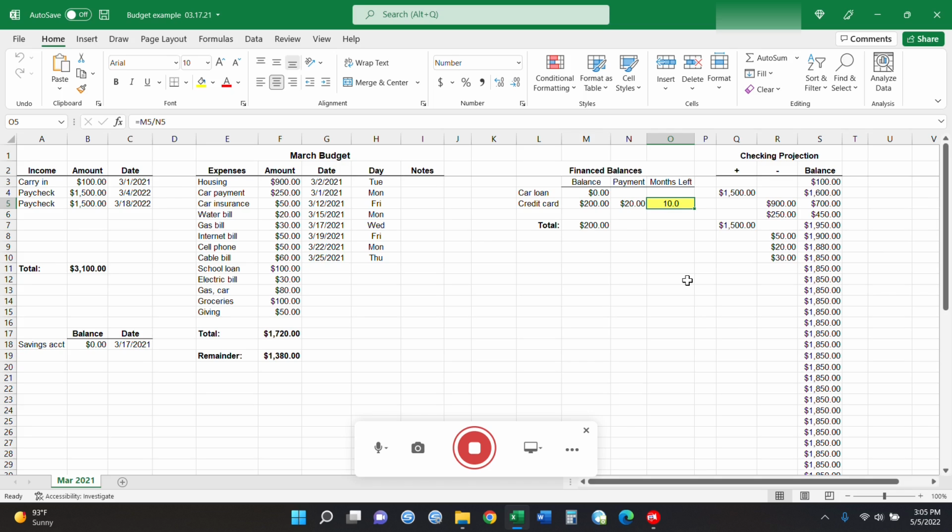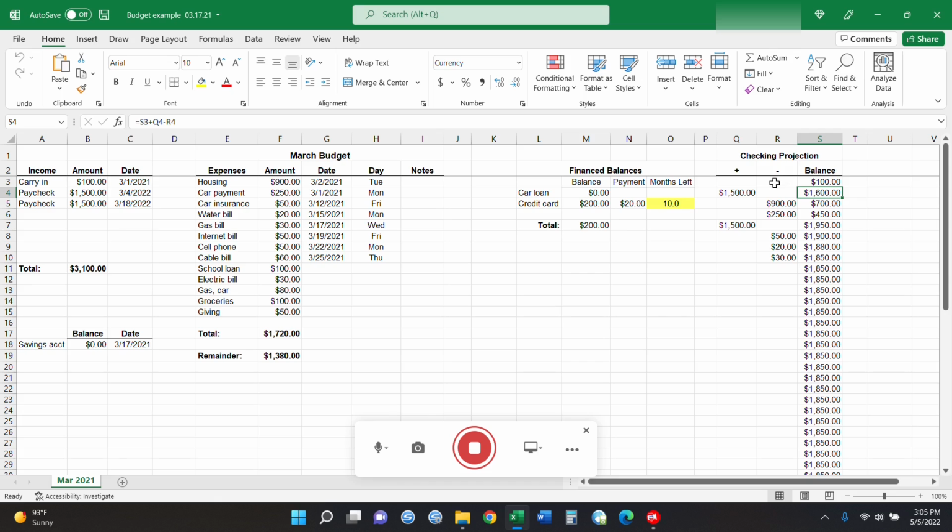And then if we go over here to the far right, we see what I call the checking projection section. Now this is designed to work like checkbooks did or do. And basically what you do is you put your starting balance up in the very top cell here, and you can see there's just the dollar amount. There's no formula there. Okay. And then basically what we do is we go down to this next cell, and you'll see that we add in whatever the positive number is in this plus column or the income column basically.